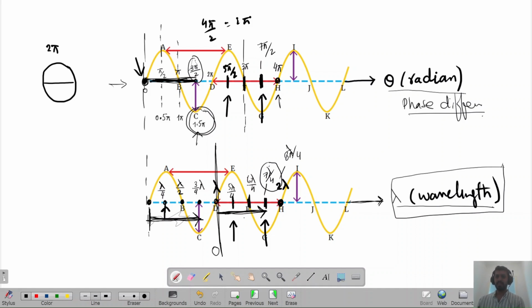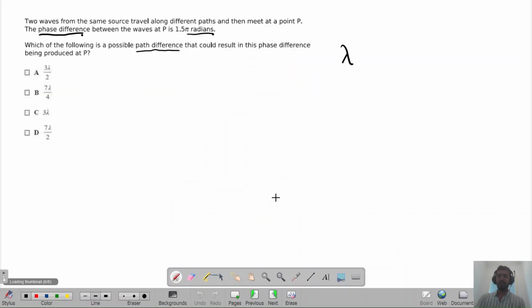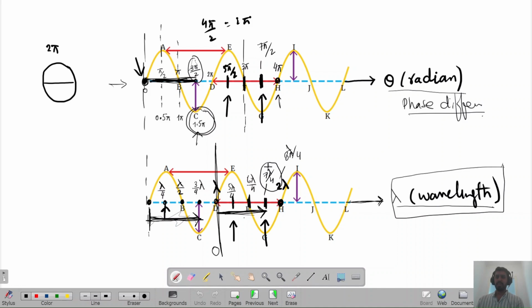You see this length and this length, they are exactly the same. The only difference is that we have just shifted our origin. And now if you go back, you can see it is option B. So remember this trick. Although 7 over 4 lambda and 3 over 4 lambda are different positions, in terms of path difference, they are the same lengths. We are just shifting our origin.